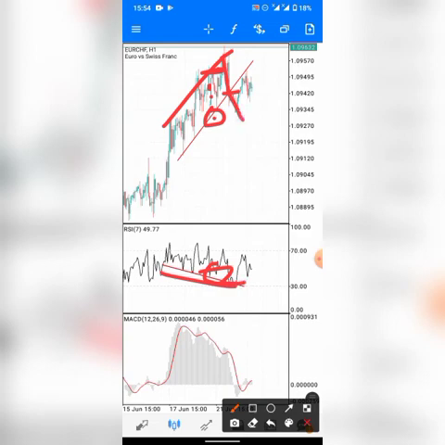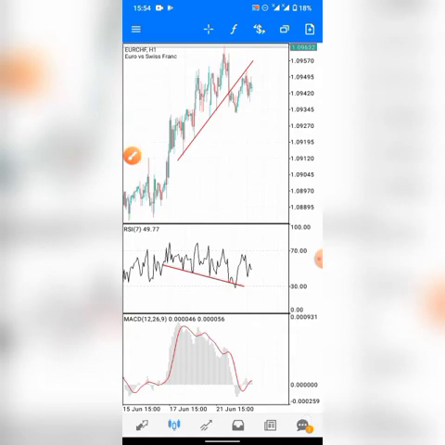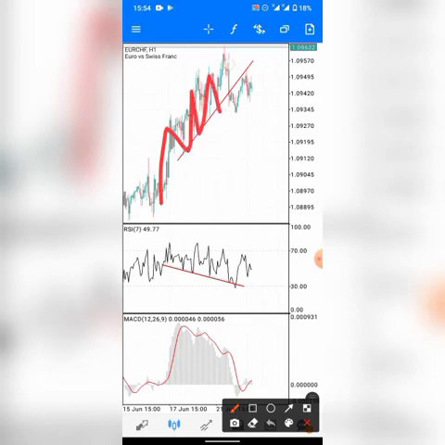It's not that it's not valid, it's just that it has consolidated a long time. So that's why sometimes it's advisable to wait for candlestick formation, either engulfing, hangman, any of the candlestick patterns, to confirm your trade. So when it broke out, it came back to retest it.